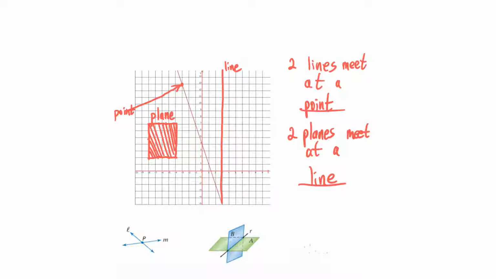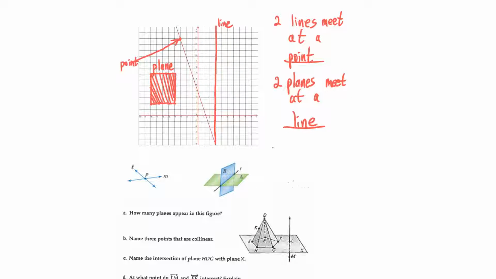And then the last one here is that a point, no, trying to do that again. A line and a plane meet at a blank. Where do a line and a plane meet at?